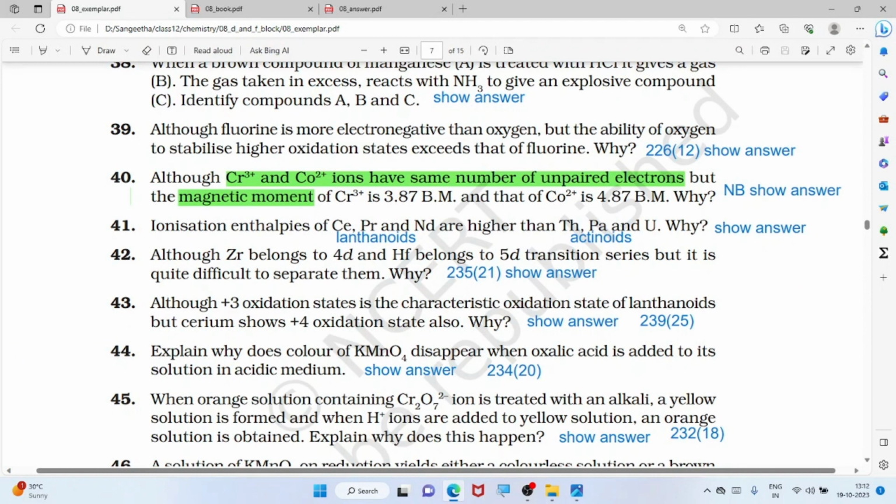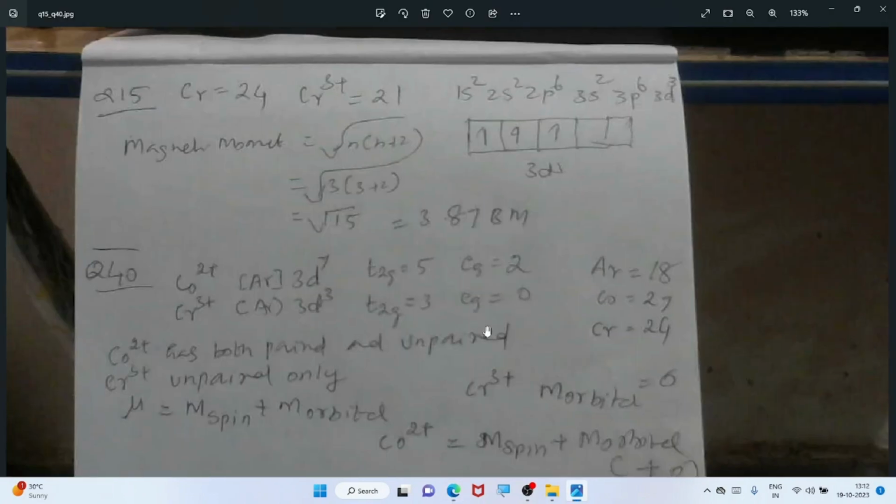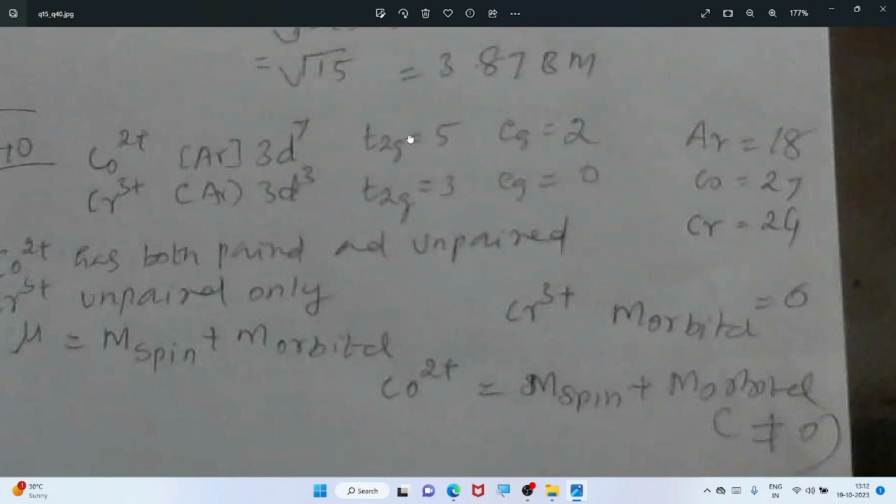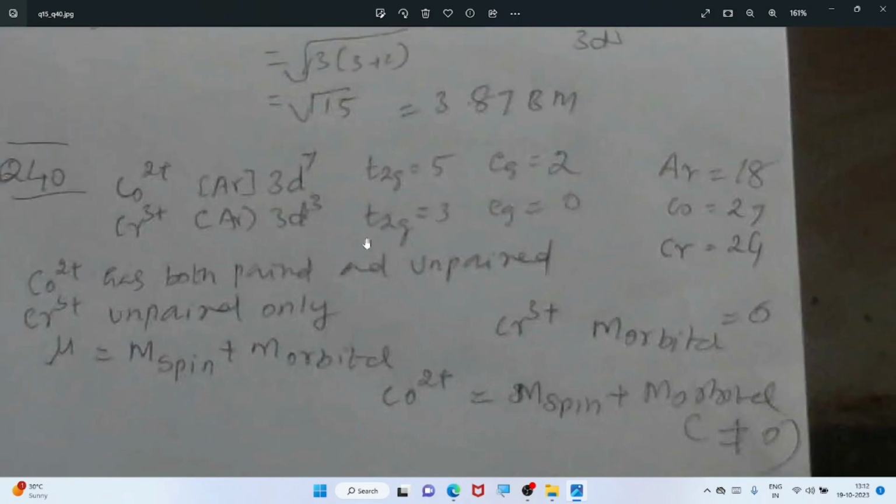Although Cr3+ and Co2+ ions have the same number of unpaired electrons, their magnetic moment is less than this. Why? The magnetic moment is due to spin as well as orbital contribution.